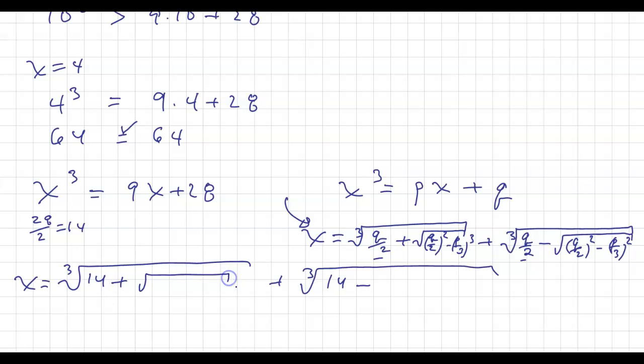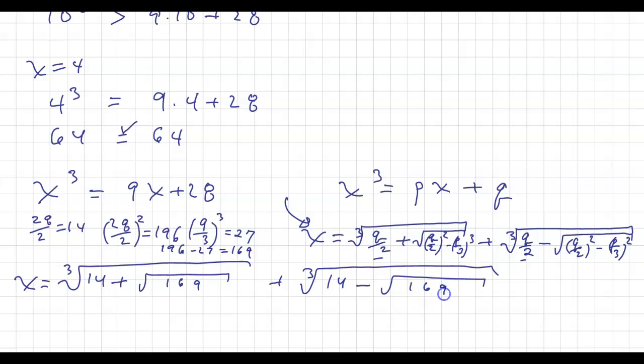And inside this square root, that's going to be q over 2 squared minus p over 3 cubed. So I'm going to actually work out q over 2 squared, which is 196, 14 times 14, and then p over 3 cubed equals 27. So inside here, if I subtract 196 minus 27 equals 169, and that's what goes here and here.